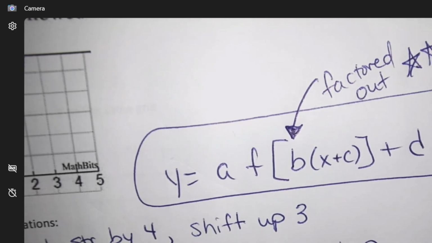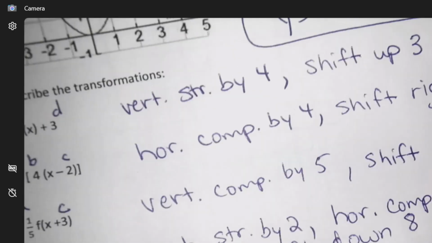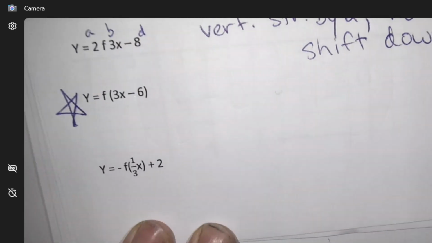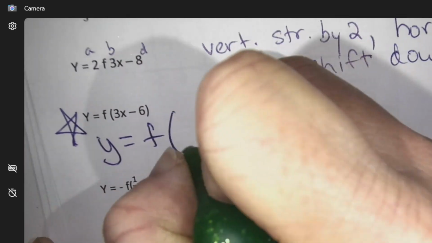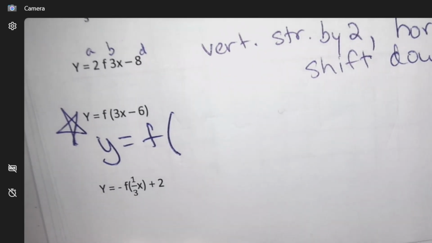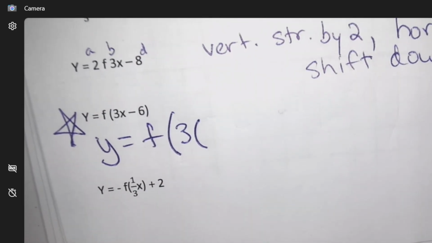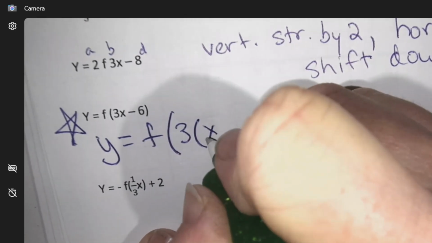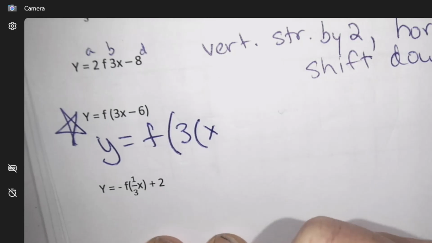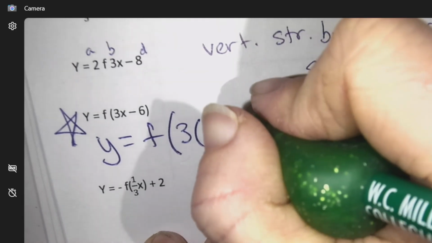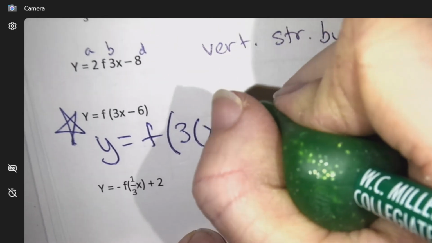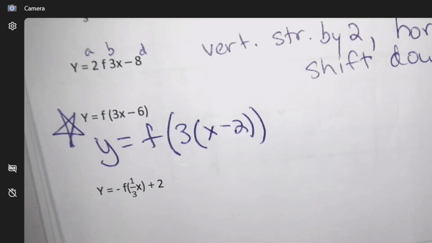Okay, so we have a problem. Do you see it now? It's not the right format. Y equals f of, can you rewrite it? 3 out, factored out. So then this would be 3 times x, and then subtract 2.